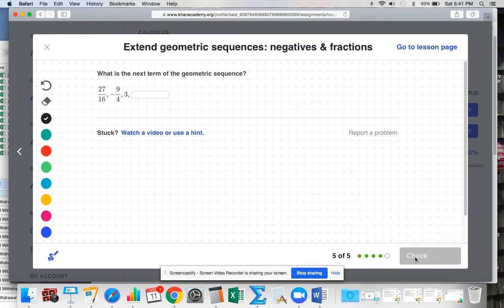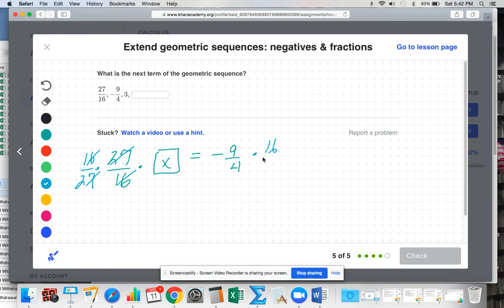What is the next term of this geometric sequence? Okay, this is interesting. This one here is alternating positive, negative, positive, negative. So I am going to be multiplying by some negative number. And again, this is x, so let's get x by itself. Sure, we can multiply by 16 over 27. Why not?